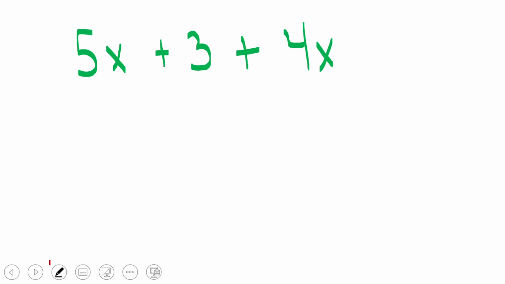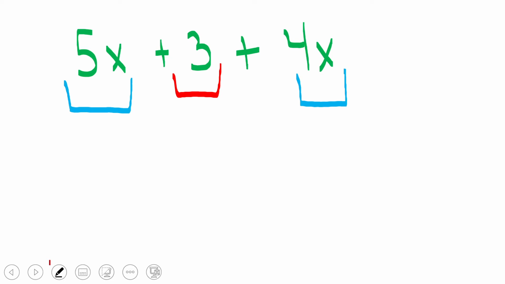So it is with like terms. Let's look. Say we had 5x plus 3 plus 4x. Three is like the unit of ones in the ones place for place value, and it does not match the other two terms that have an x attached to the whole number.